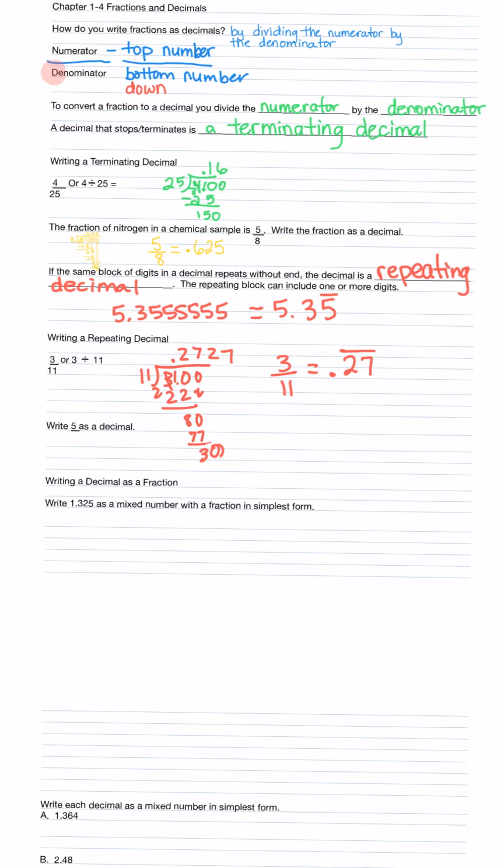Okay, and I didn't finish writing here. Write 5/9 as a decimal. 5/9. So we're going to take 9, divide it into 5, add the 0. 5 times 9 equals 45.